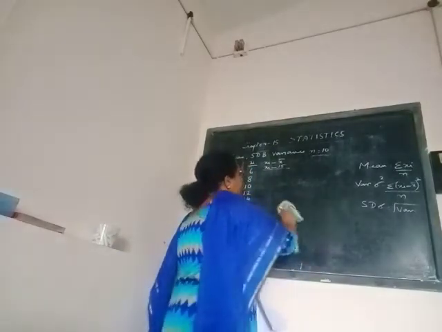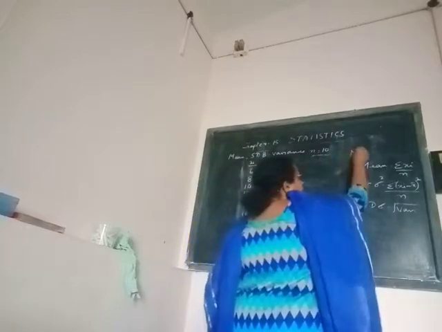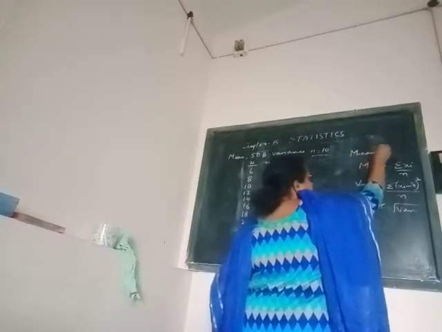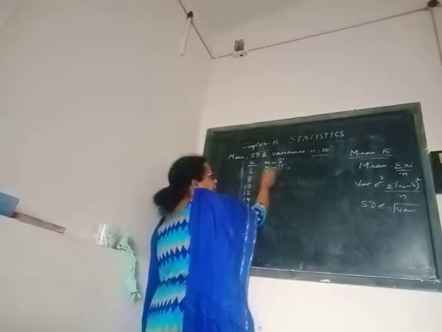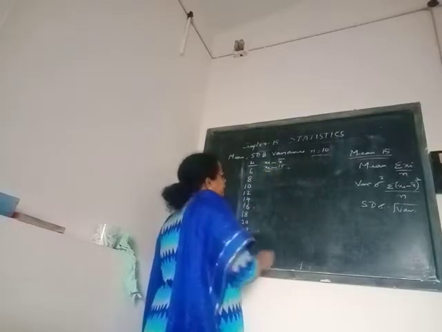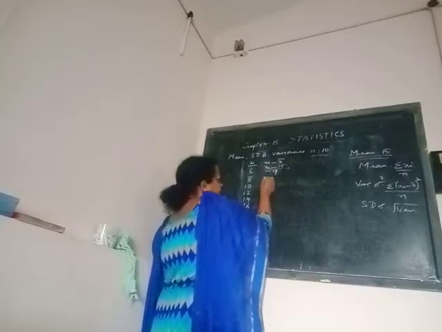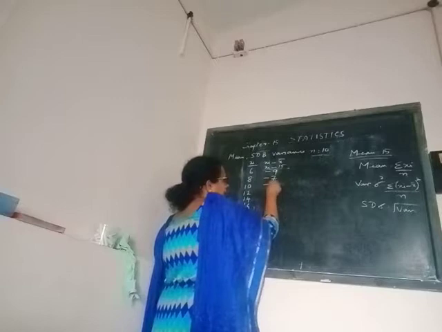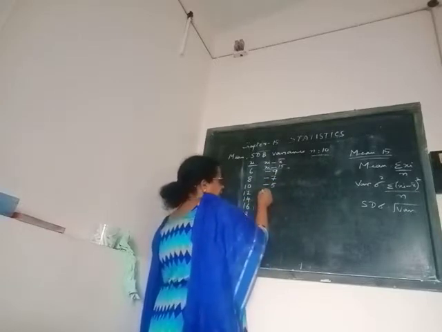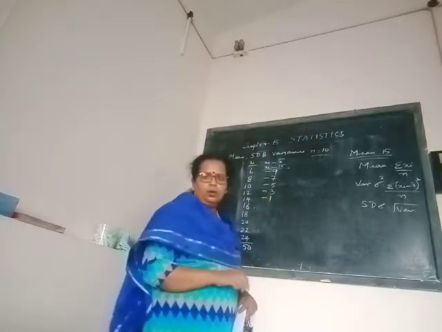So let us find this column. I am writing the mean here. Mean we got 15. Xi minus 15. So first is 6 minus 15, which is negative 9. Next is 8 minus 15, negative 7. 10 minus 15, negative 5. 12 minus 15, negative 3. 14 minus 15, negative 1.